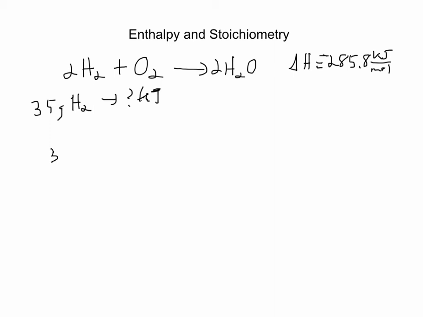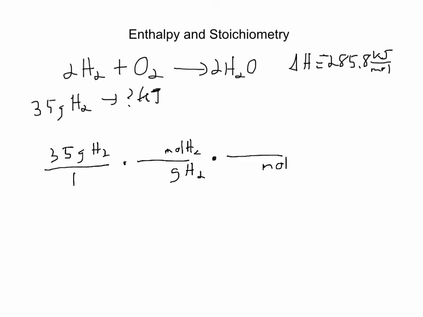I take my given, 35 grams of hydrogen, put it over 1, times grams of hydrogen on the bottom so it cancels, convert to moles, one more fraction, and then the difference is now I can convert moles of hydrogen to kilojoules.